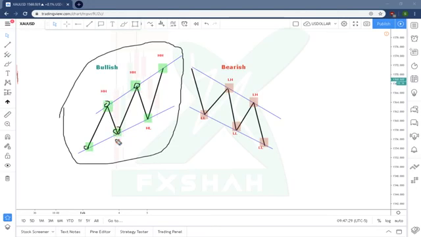It's called higher high and higher low. And this is a higher high. So if we have two touches, it means that we are at least trending. So the price movement in such a manner is called an uptrend. We have an impulsive move, then a pullback, then an impulsive move, and then a pullback. So it's called an uptrend, right?